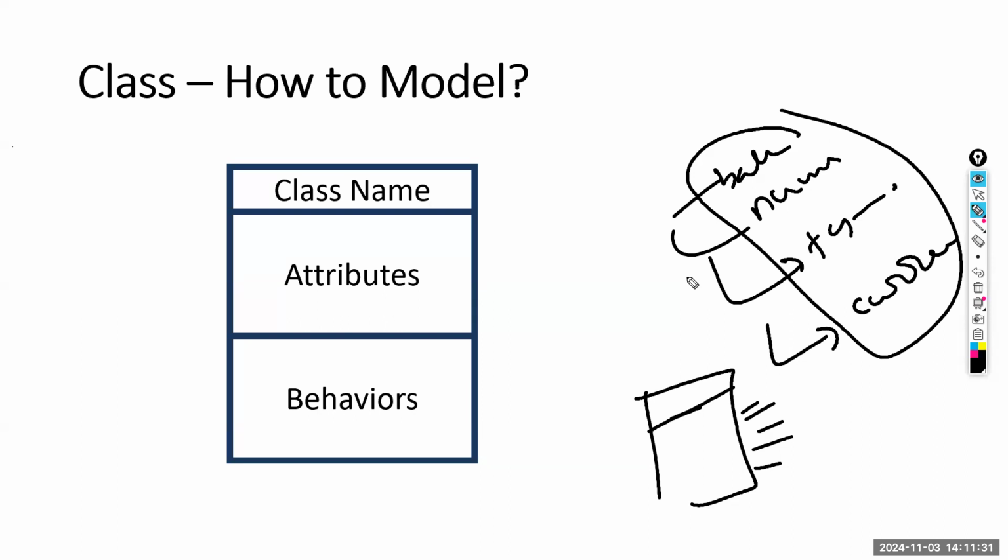But in object orientation, the way you look at it, your physical objects also have behaviors, conceptual things also have behaviors. So that means you look at the objects in a slightly different way than you look at it in the real world. That is why initially it will take some time. That is why these things are not taught in schools, even in A level.